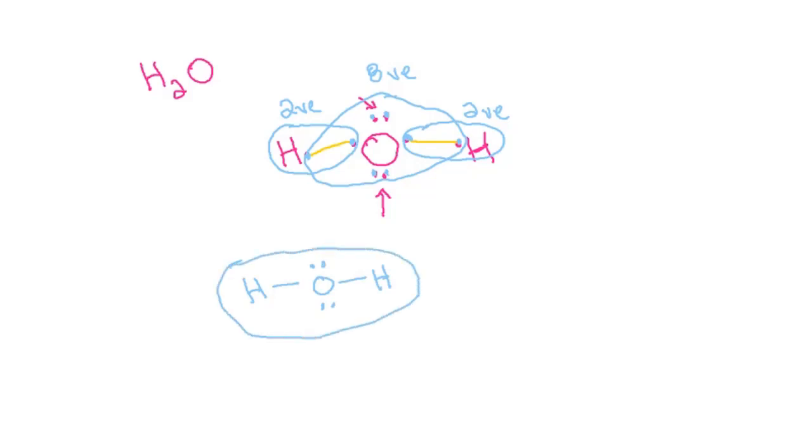Okay, let's do one more. Let's do NH3. These are common problems that you might find on a test. So NH3, there's only one N and there's 3 H's. So you know N's going to go in the middle. And then I'm going to put an H out here to the side, an H out here to the side, and then an H just on the bottom side.